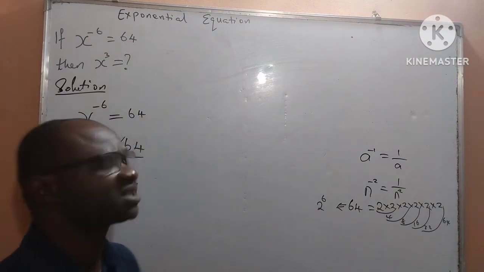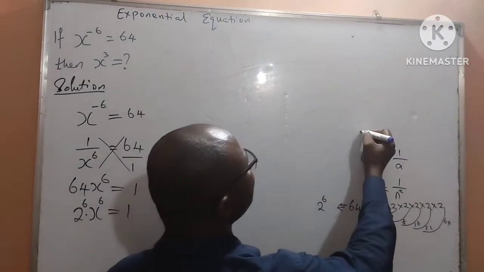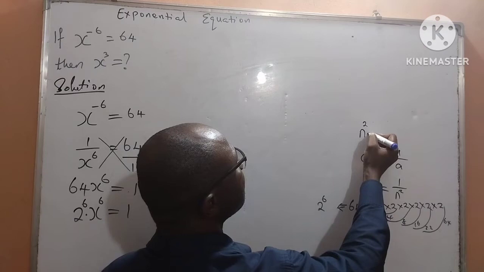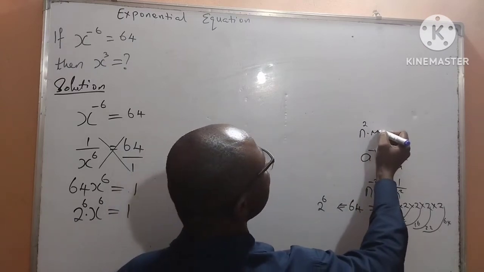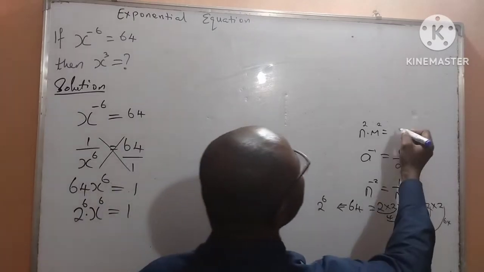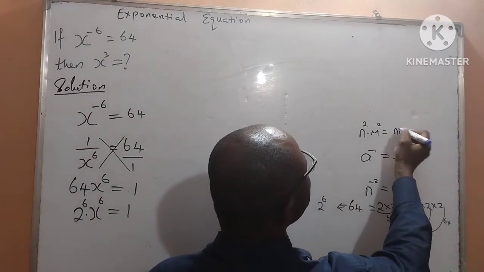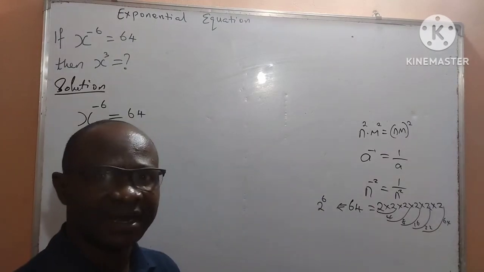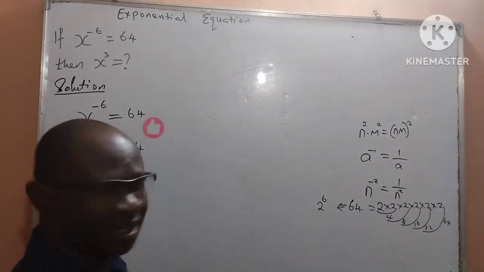There is a law in indices that says if I have n to the power of 2 multiplied by m to the power of 2, by that law of indices, it can be written as n times m, all to the power of 2. This is a very beautiful law in indices.